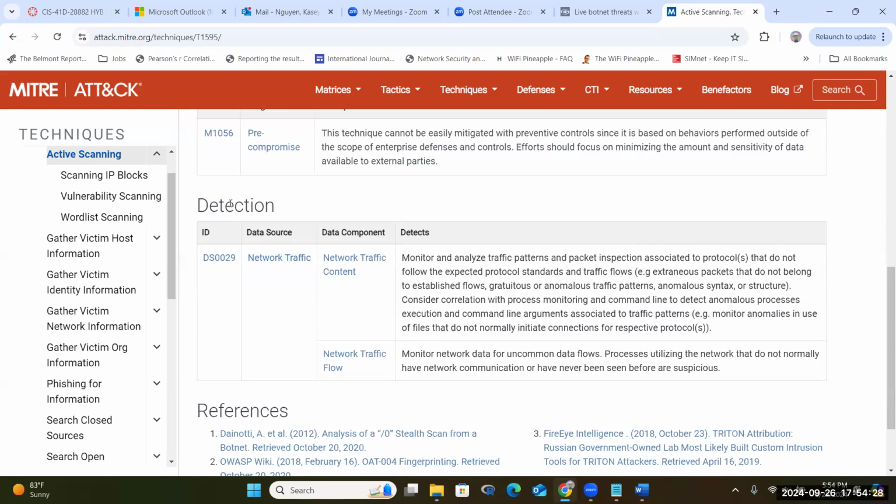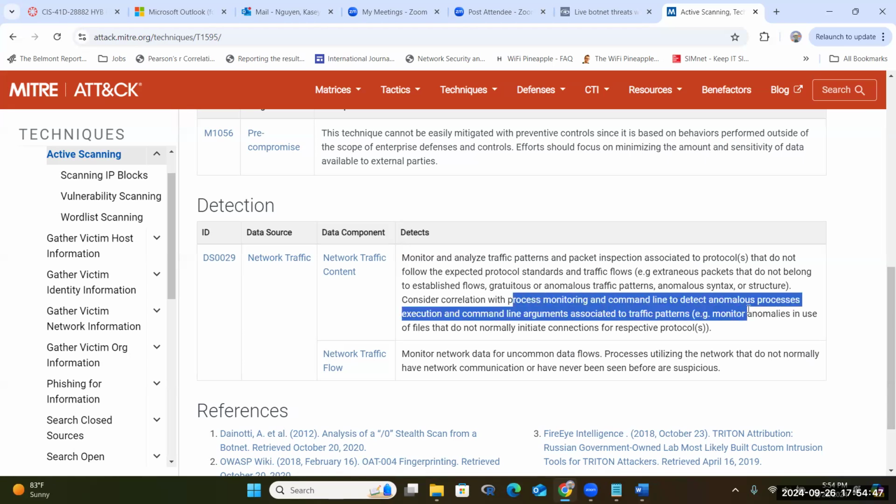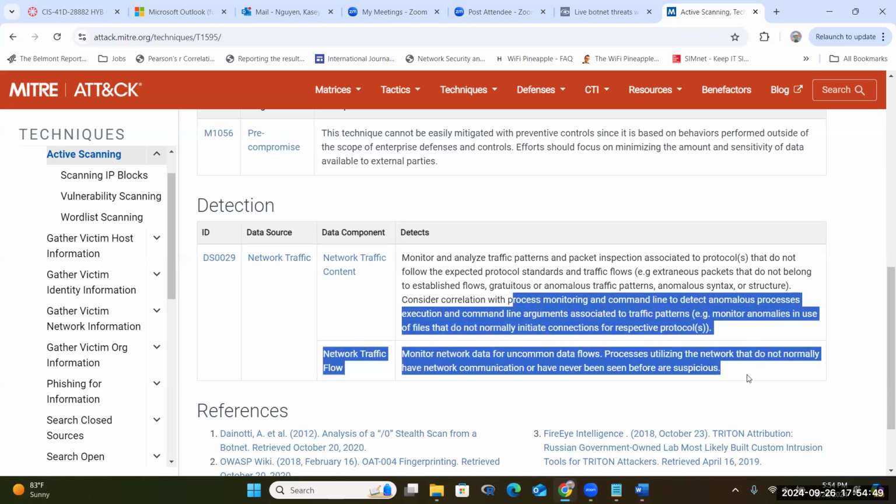So in detection, most of the time we revert back to network traffic, right? If someone is scanning us, likely they have to be part of our network to be able to scan us. So if we do a better job in network monitoring, right, process and network monitoring, we would be able to detect quicker.